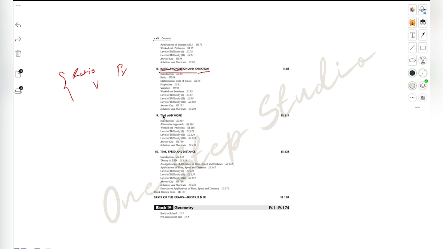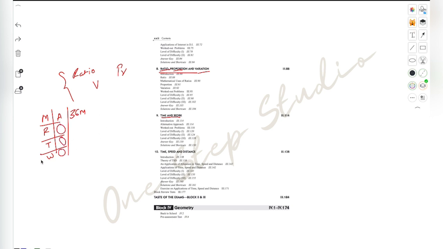Moving further, time and work, a wonderful chapter. All you need to remember is one grid, that is MRTW, that is number of men, or maybe a person, A, B, C, D, or if it's given like 36 men, you can add 36 M, and then at what rate they are working, what is the time, and then what is the work, right?